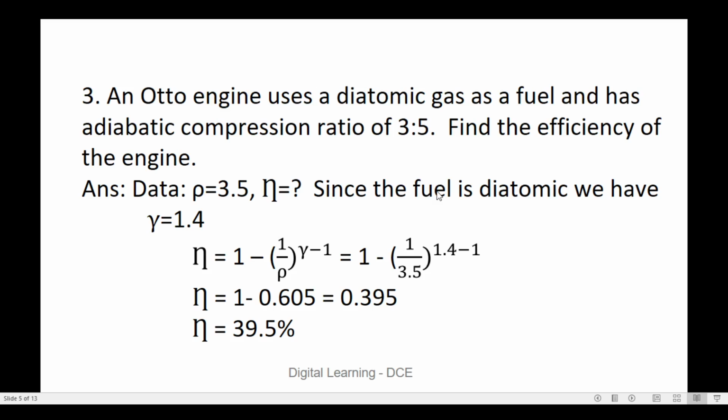But since the fuel is diatomic, we have gamma equals 1.4. So write the formula for efficiency in case of auto engine. So that is eta equals 1 minus 1 divided by rho whole raised to gamma minus 1. So now substituting the values and simplifying, efficiency will be equal to 39.5% or 0.395.